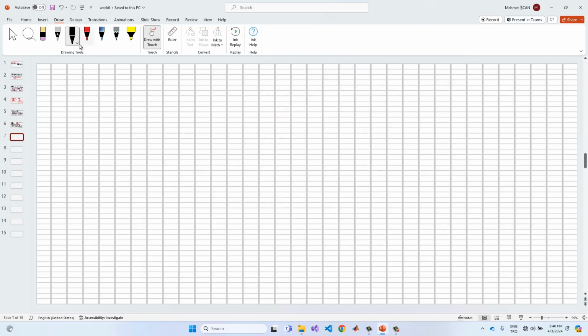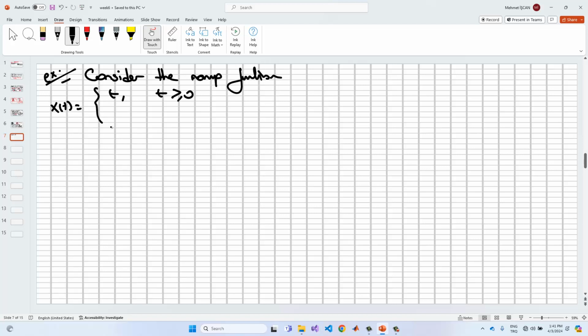Or we can define another example in here, just like this one. Consider the ramp function, like x(t) is equal to what? t for t greater than 0 and 0 for t smaller than 0.